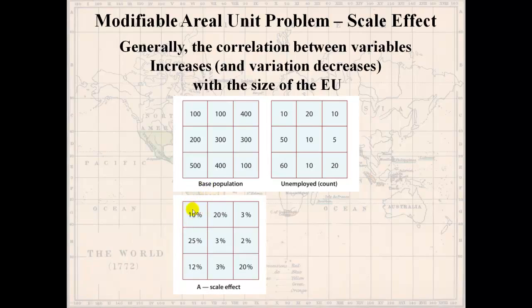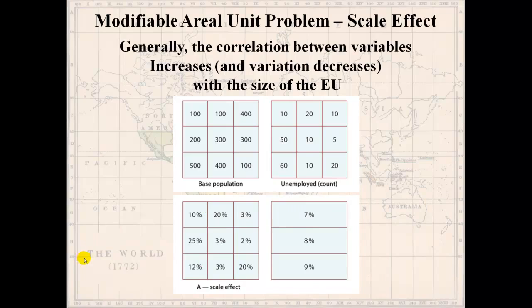So if we just look at the percent unemployment according to the size, the scale of these zones, we're going to see that 10 people out of 100, 10% were unemployed. 5 people out of 300, 2% were unemployed. So look at the range of unemployment here. We have a low of 2% and a high of 25%. So based upon that size, that scale of enumeration unit, this is the variation that we get in unemployment rate.